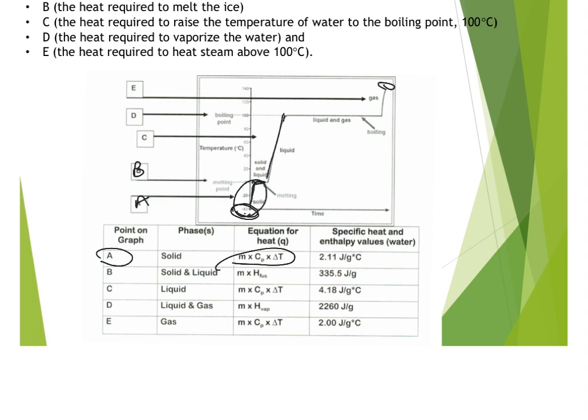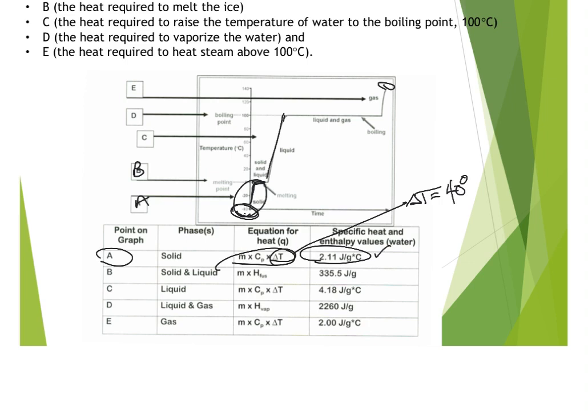And what would the change in temperature be? Well, if we look at the graph, it goes from minus 40 to 0. So the change in temperature, final minus initial, would be 40 degrees. Then the specific heat capacity. Now notice that the specific heat capacity for different phases of the same substance is different.